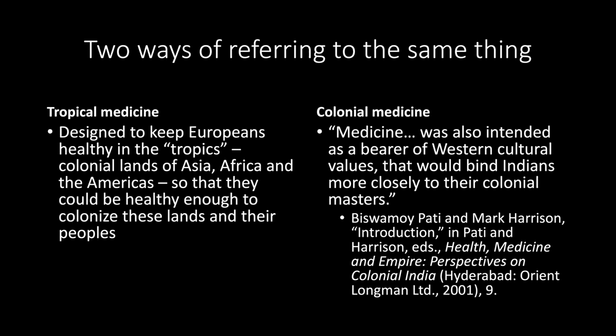So tropical medicine denotes the white European perspective on these diseases, whereas colonial medicine in scholarship bears this note from Biswamoy Pati and Mark Harrison, scholars of colonial India, who say that medicine was also intended as a bearer of Western cultural values that would bind Indians, that is South Asians, more closely to their colonial masters.